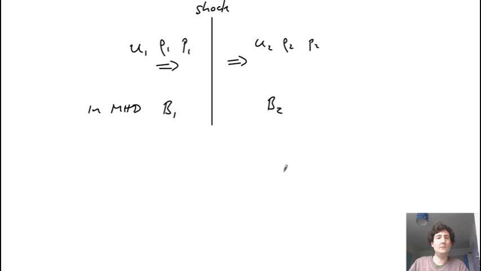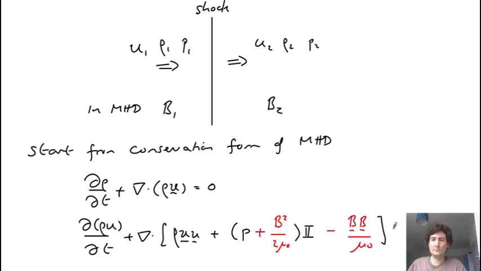And so, like the fluid, we'll start with the conservation form of MHD. So you have the mass equation, so this is for the mass flow, which is the same as the fluid of course. This is the momentum. And I've highlighted the new bits in red here.